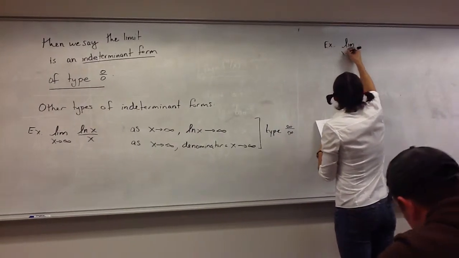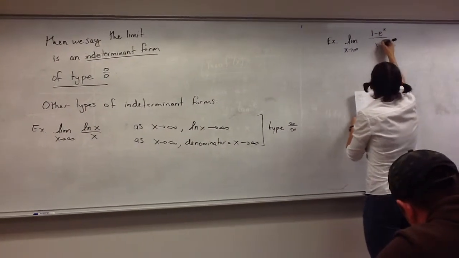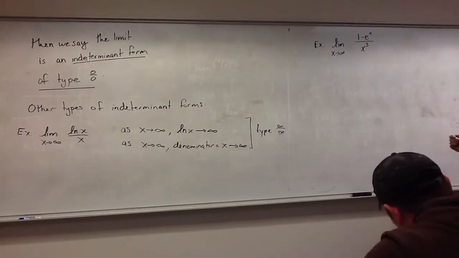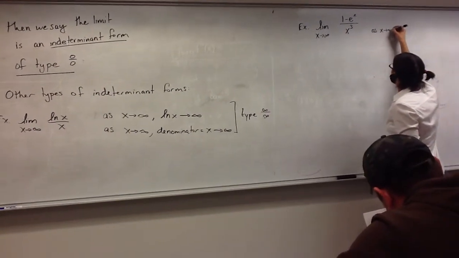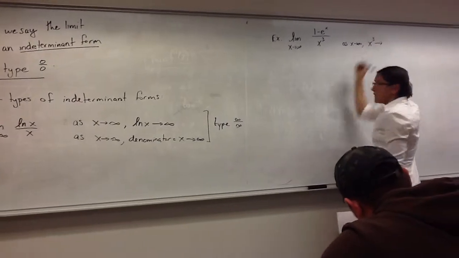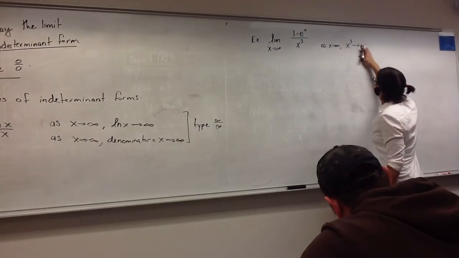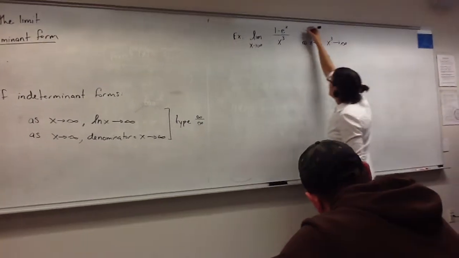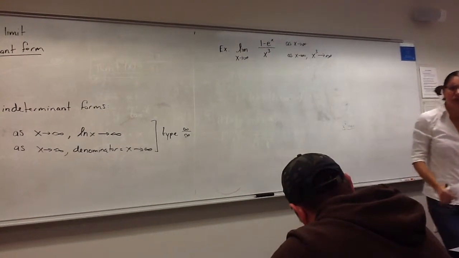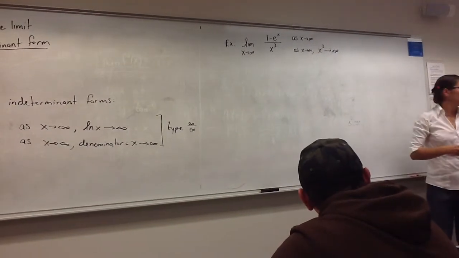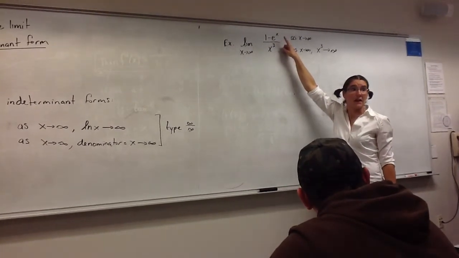The limit as x approaches infinity of 1 minus e to the x over x to the third. In our denominator, as x goes to infinity, as x gets really big, certainly x to the third is going to get really big as well. And in the numerator, as x gets really big, the only thing that's changing in my numerator is this e to the x.